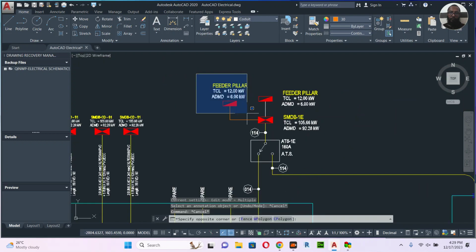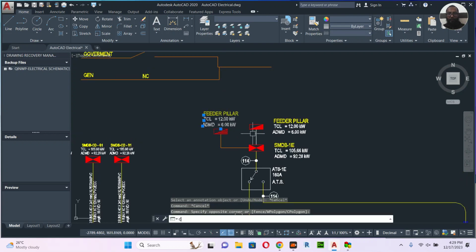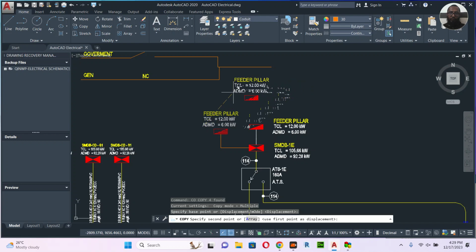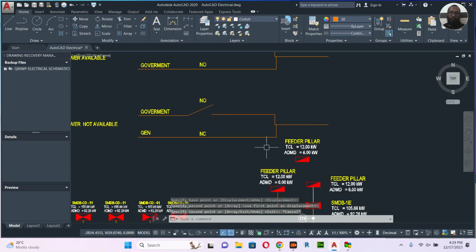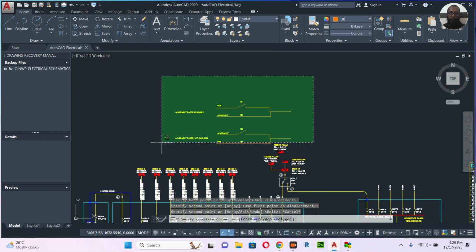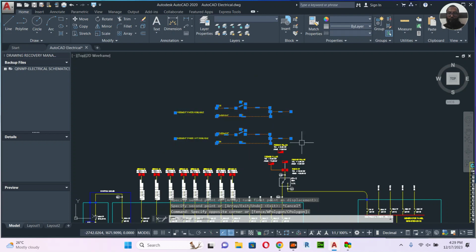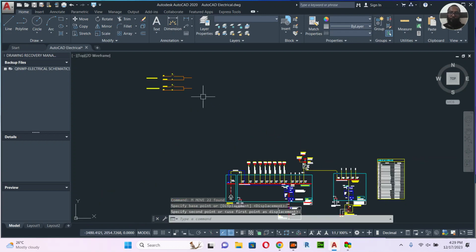Let's copy this one, another one, maybe I can put it here. Let's move this one somewhere else.